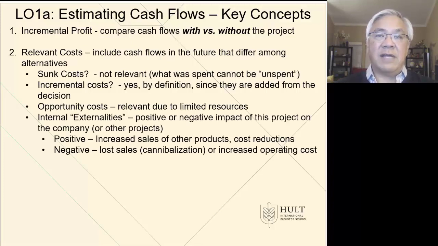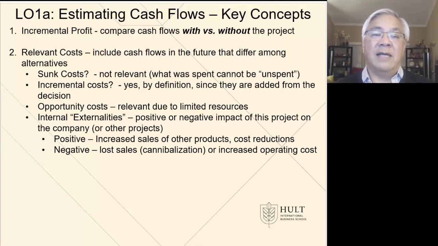Next, we'll look at externalities. First, from the standpoint of externalities that are internal. That almost seems like a contradictory statement. But what we're referring to here is that a project has certain impact on other projects or other divisions or parts of the company. That effect might be positive in that there might be cost synergies or cost reductions so that your project favorably impacts another project or division, in which case we call it a positive externality.